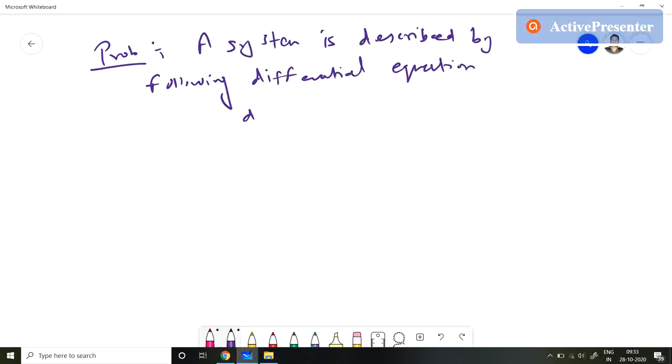The equation is dy(t)/dt plus 5y(t) is equal to u(t), and y(0) is given.